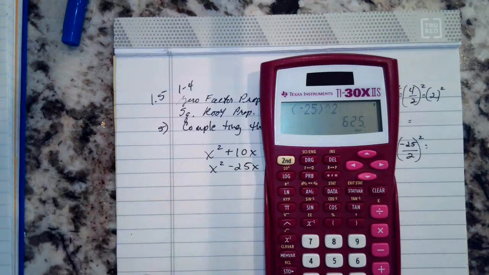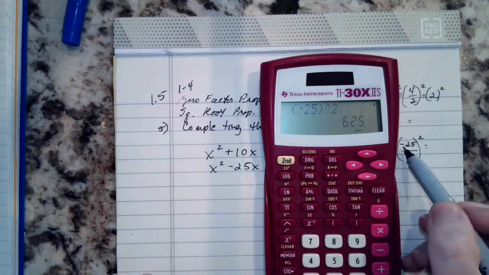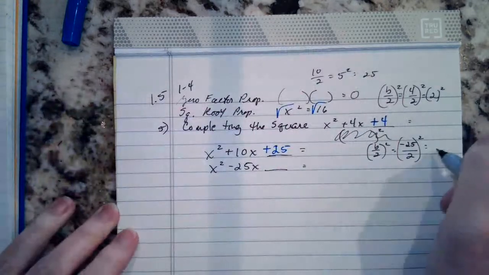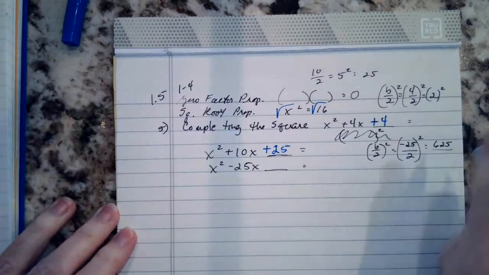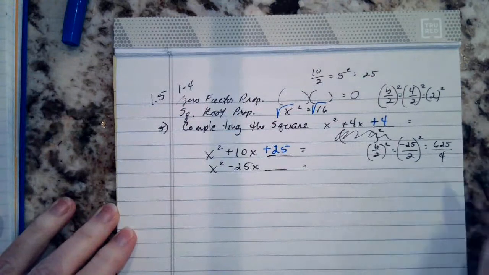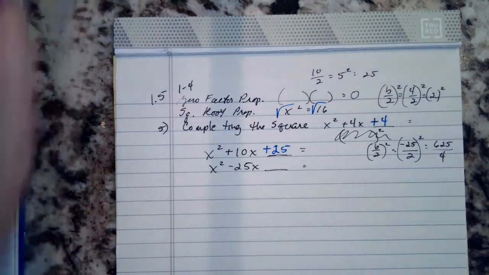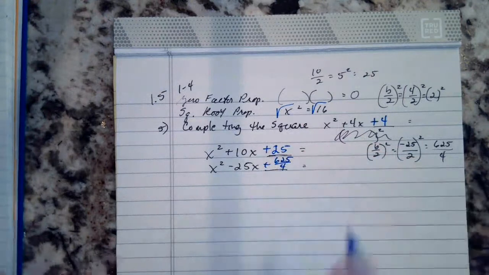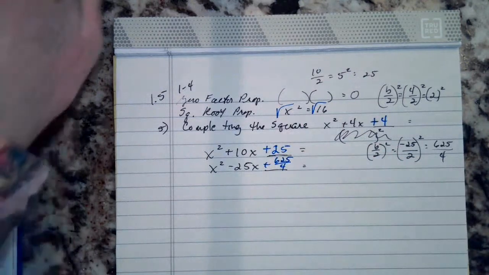And that gives you a positive 625, because you know that a negative squared ends up being a positive. So we get 625, 2 squared is 4. So 625 over 4 is the thing that we're going to be adding there.